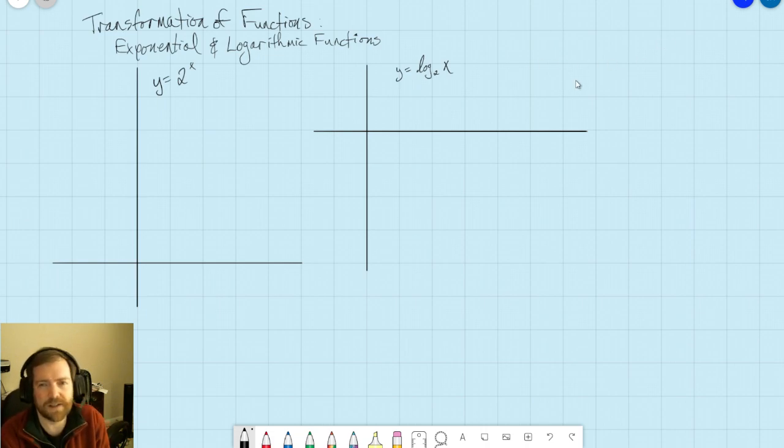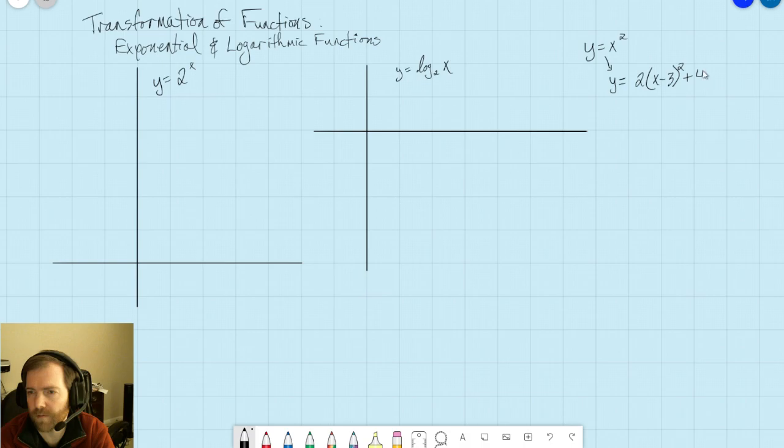So I said in some of our previous sections, when we were dealing with polynomial functions, we do something like a quadratic, this could be rewritten as something like this.